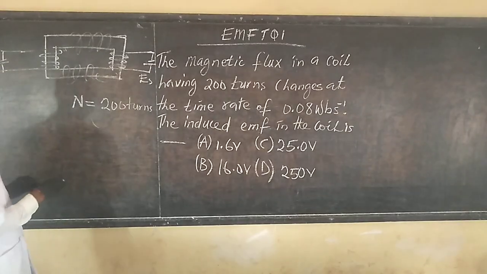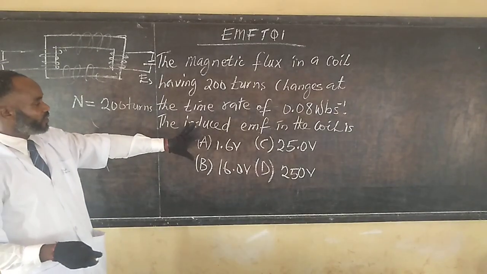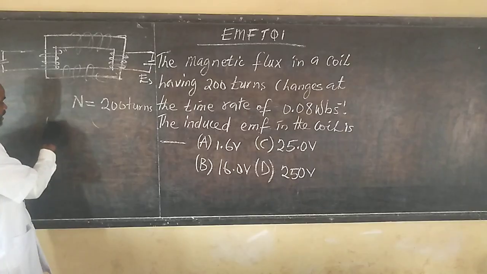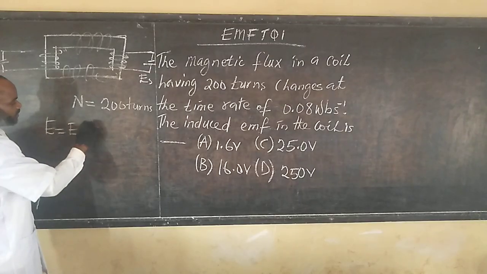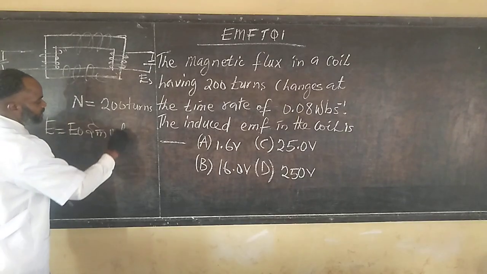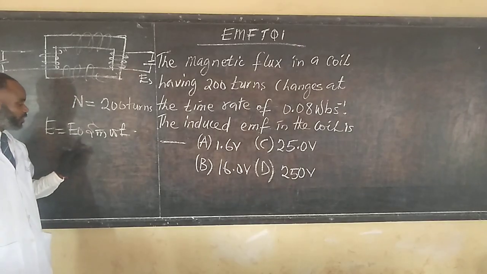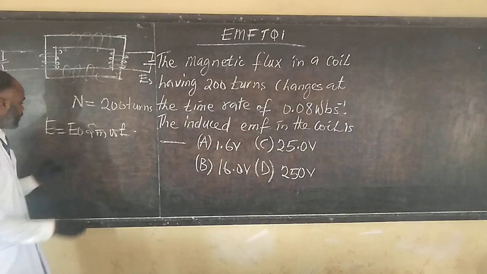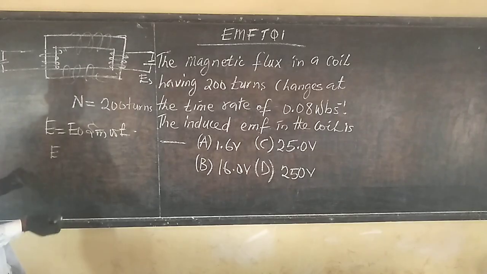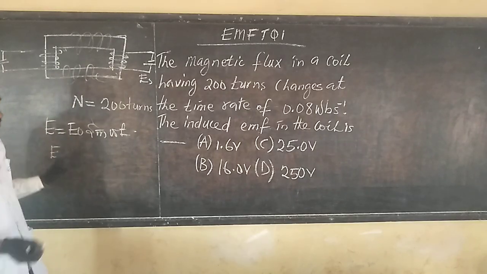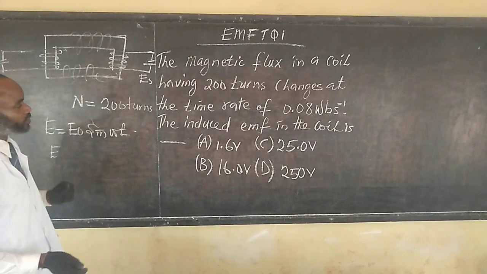Suppose we have this connected to an AC circuit with this specification, E is equal to E naught sine omega t. So the induced EMF is E naught in this whole section. What we need to do is very simple.